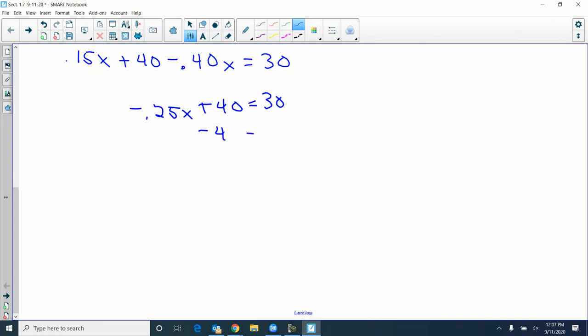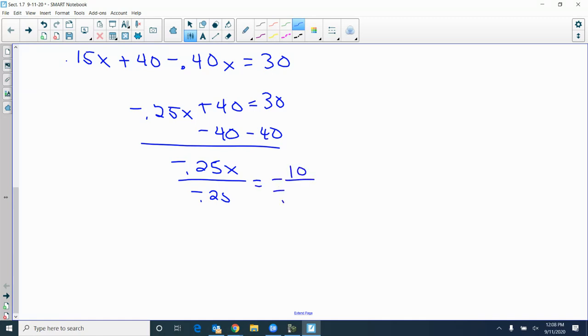Subtract 40. Negative 0.25X equals negative 10, divided by negative 0.25, and then X is 40. Okay, so for that one.